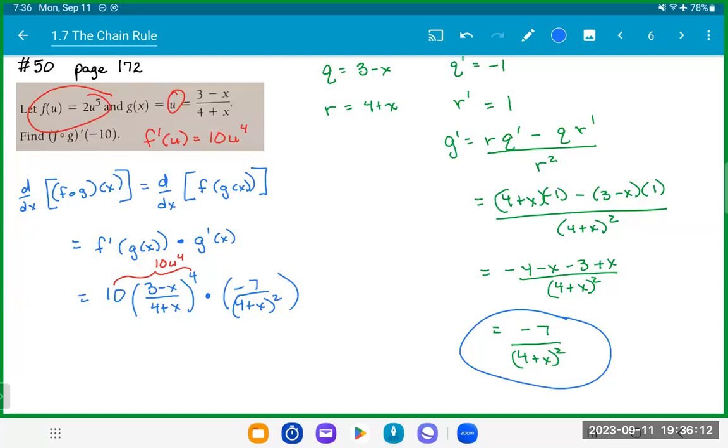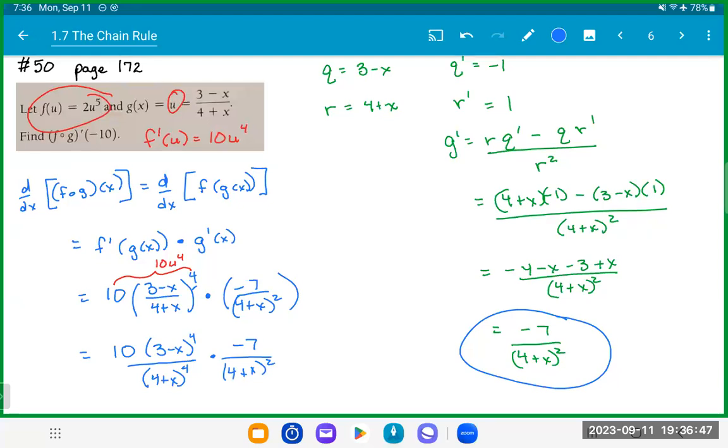And now we just need to simplify. One thing I will say is we can take this 4 exponent here and say that that's the same as 10 times (3 minus x) to the fourth over (4 plus x) to the fourth. And then we're multiplying it still by this negative 7 over (4 plus x) squared.